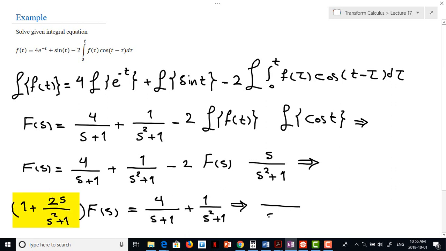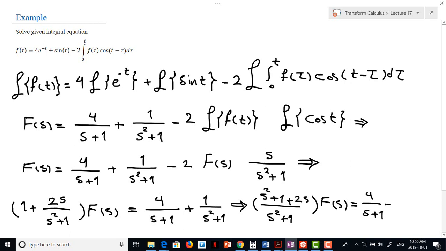So I just simplify left hand side of equation. If we have s squared plus 1 in denominator, we have 1 plus 2s over s squared plus 1. As a result, we have s squared plus 1 plus 2s over s squared plus 1 times F(s). It's equal to 4 over s plus 1 plus 1 over s squared plus 1.